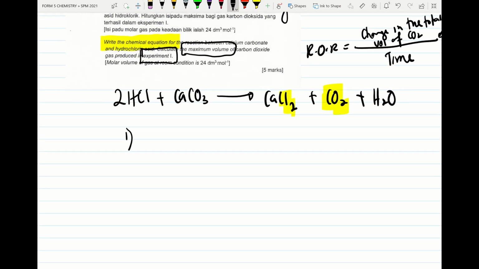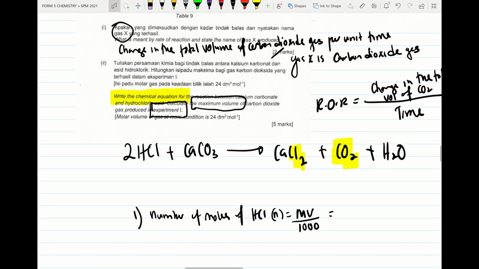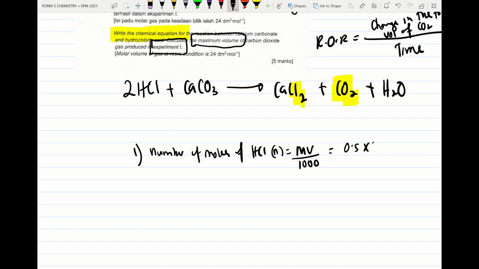First step, we convert into number of moles of hydrochloric acid. We use the formula n = MV/1000. We apply volume 30 and molarity 0.5: 0.5 times 30 divided by 1000. We take the calculator and we get the answer 0.015 mole.